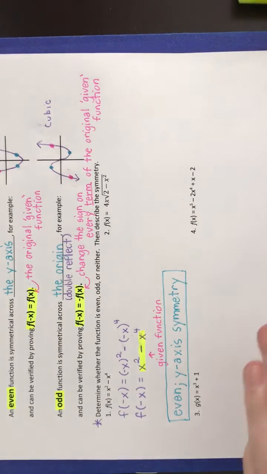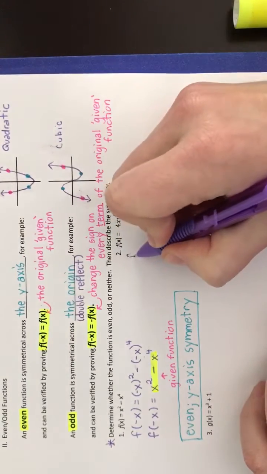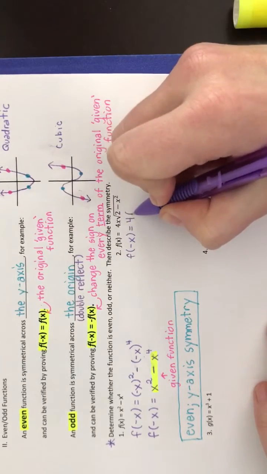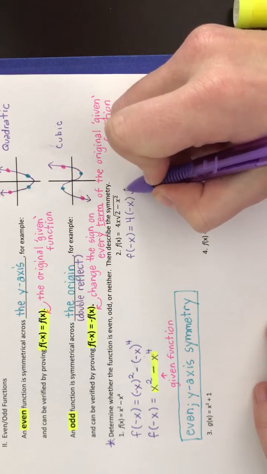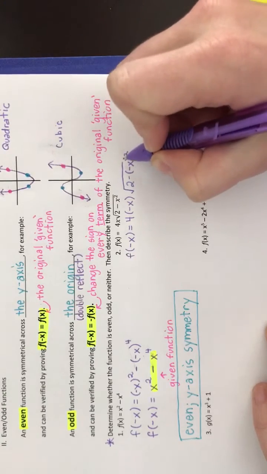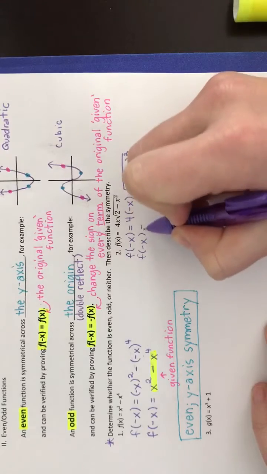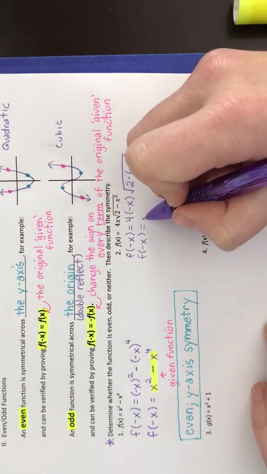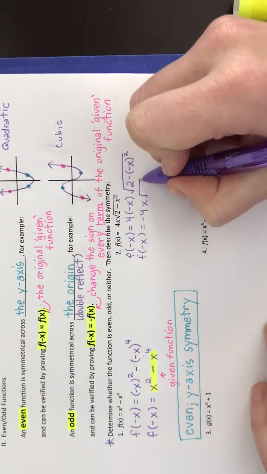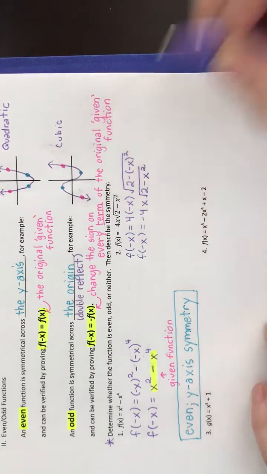Okay, number 2. So same initial setup. F of negative x equals 4, plug in negative x, square root 2 minus, plug in negative x squared. Okay, so f of negative x equals, and then this would be negative 4x, and then square root of 2 minus x squared.